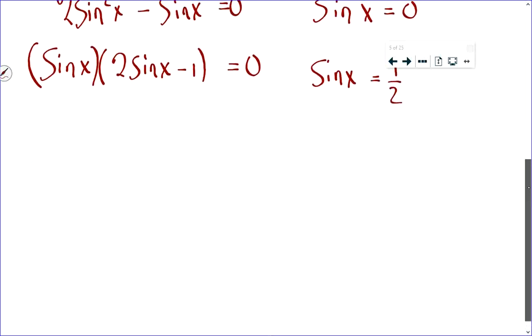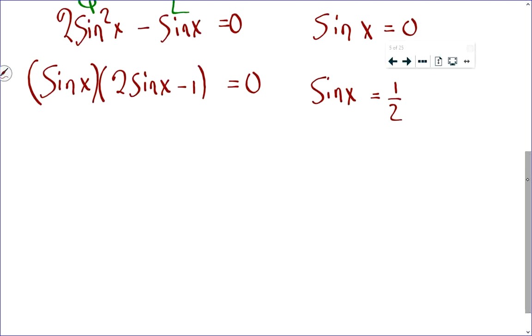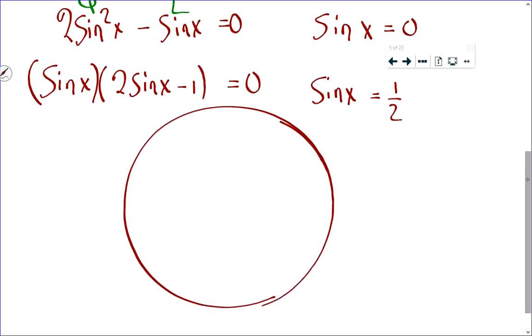So on the unit circle, and I'm forcing you to use the unit circle idea here. And as I said, if you write your exam or diploma exam, use your coffee cup to draw a circle. The nicer the circle you can draw, the easier things are to imagine and see. Where is sine of x equal to 0?